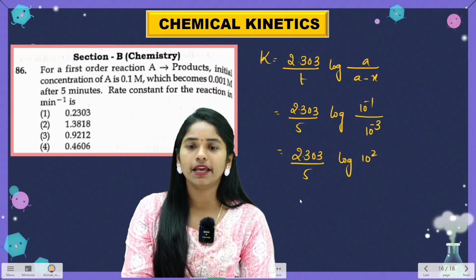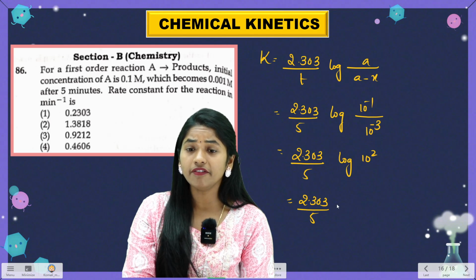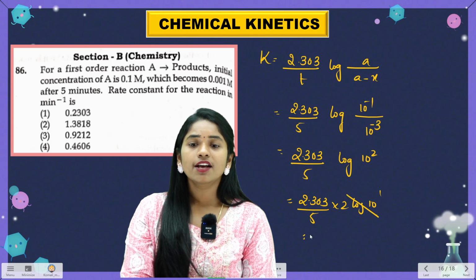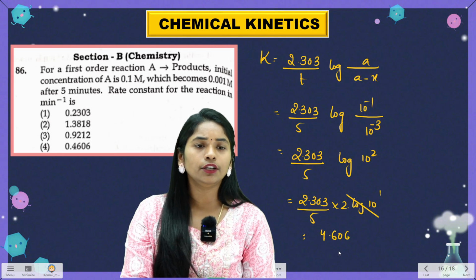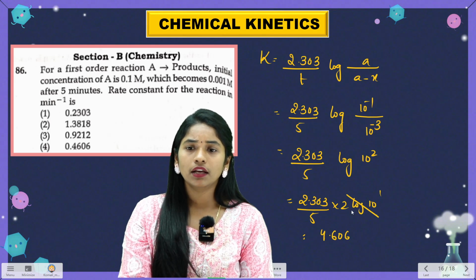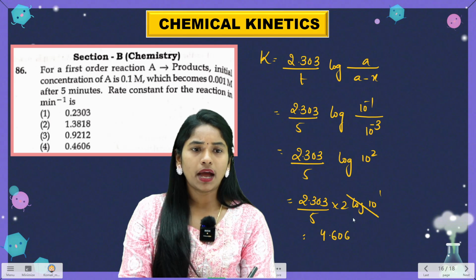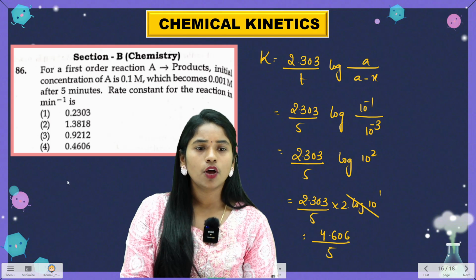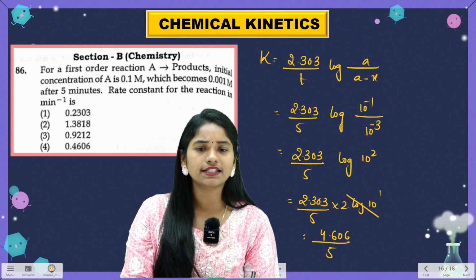Then it will be 2.303 by 5 into 2 log 10. Log 10 is 1. So what you will be getting? 4.606 divided by 5. Let us take it as 4.6 by 5.